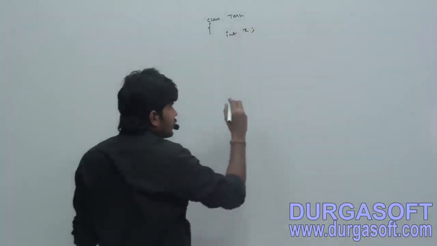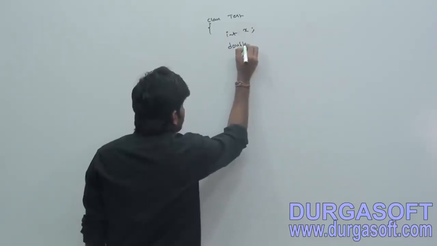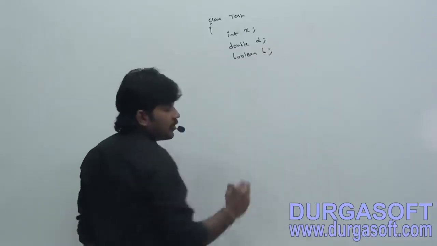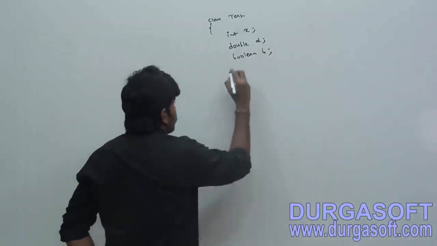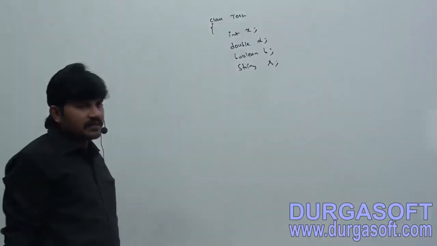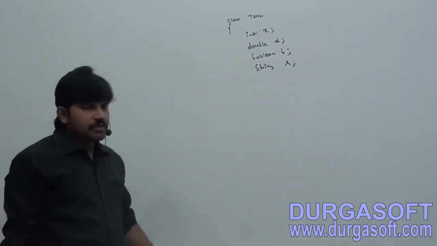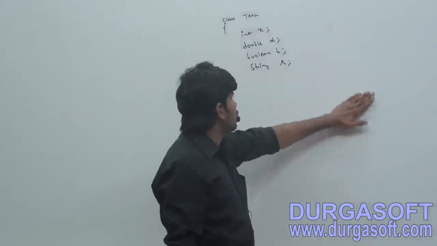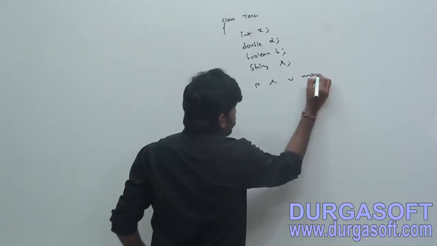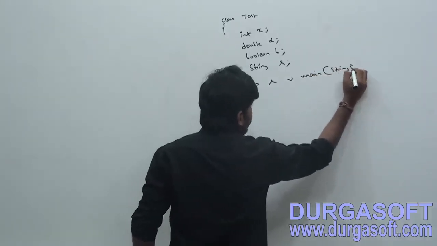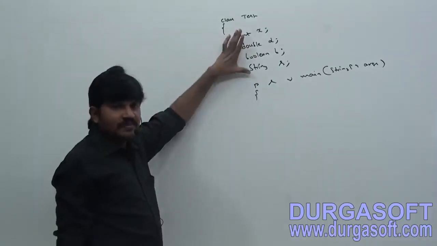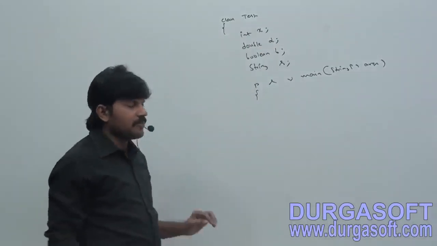Instance variable. double d, boolean b, string s, public static void main, String array args. Sir, all these are instance variables. Okay, I am not providing initialization.